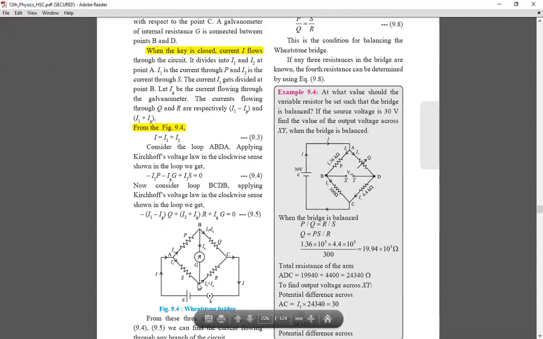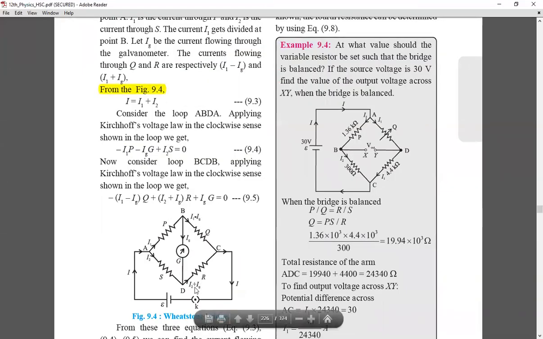So at point D, I2 is added with the current Ig and comes across R as I2 plus Ig. Since I1 is considered greater than I2, I1 splits: some part of I1 goes as Ig, and the remaining part, I1 minus Ig, goes through Q. So you have understood why I1 splits and I2 gets added: the greater current will always split.